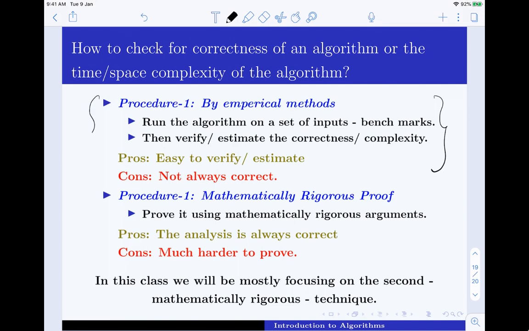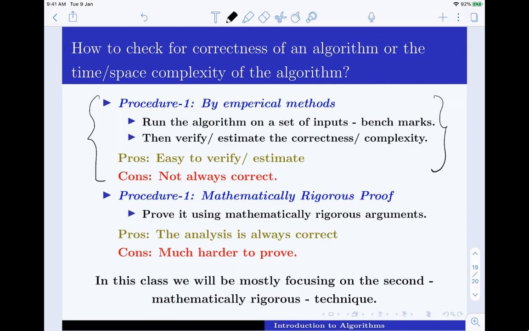So people go for this procedure, and in some sense you have to accept that this kind of stuff exists, but it also has its own problems, right? Because it is easy to verify, because it is doable, people use it a lot.